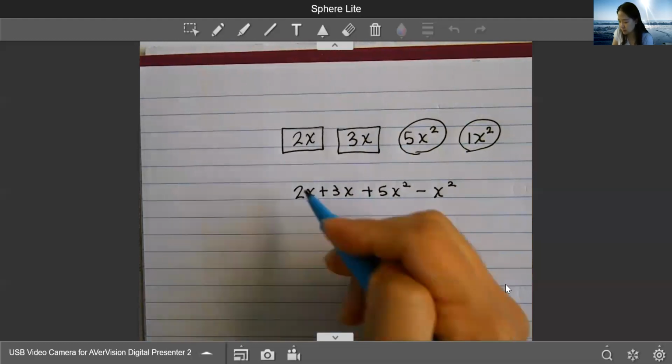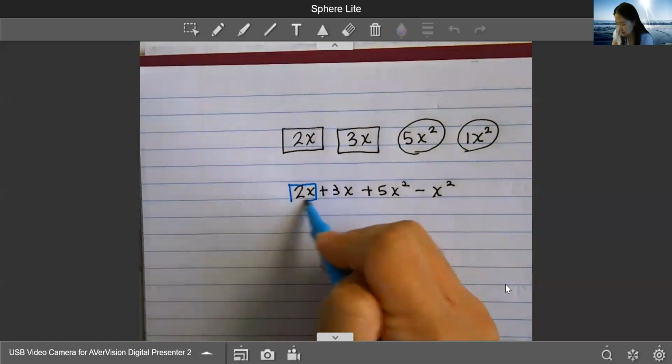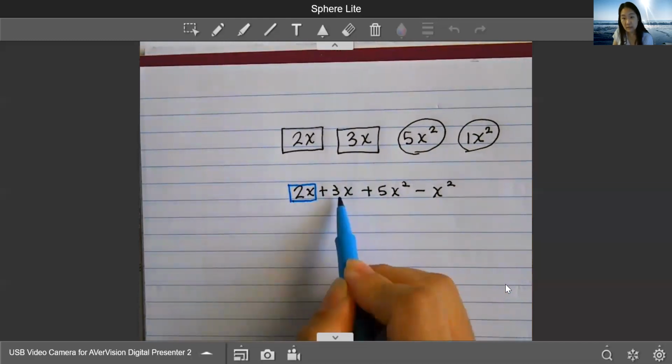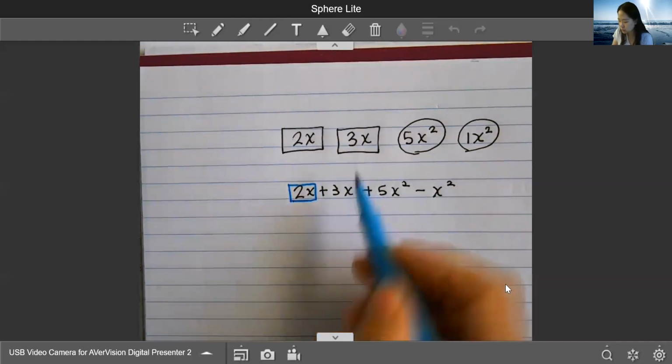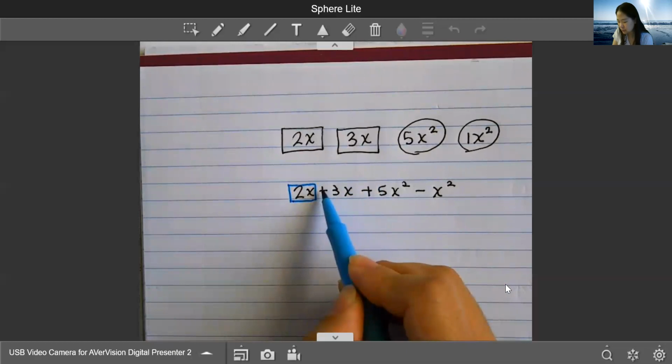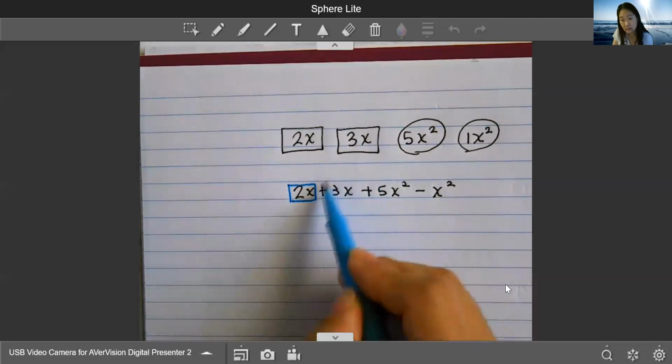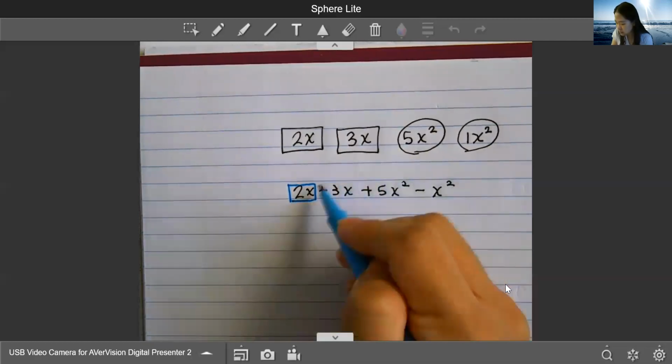So when you do that though, you always have to make sure, so here's 2x, and 2x and 3x are like terms, but I do not want you to box 3x like this. You have to box the sign that goes with the number behind it together. So the sign that's in front of the algebraic expression goes together.